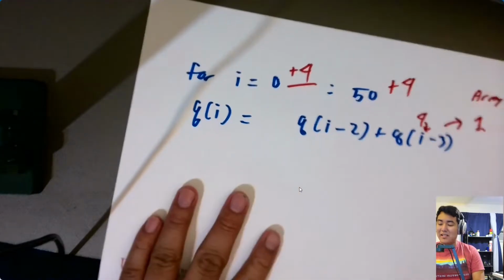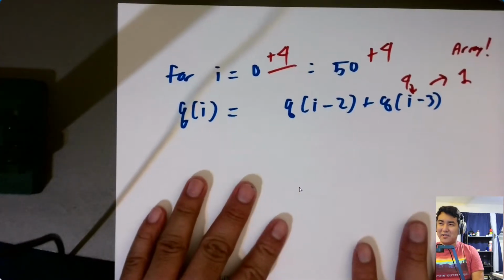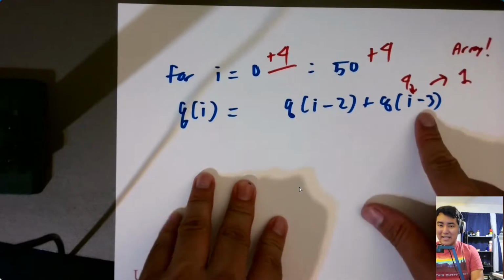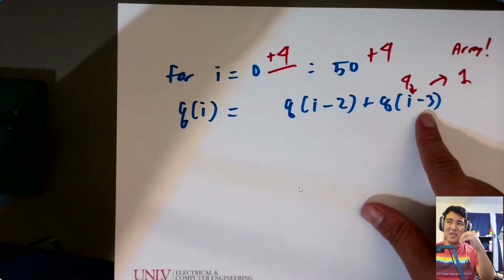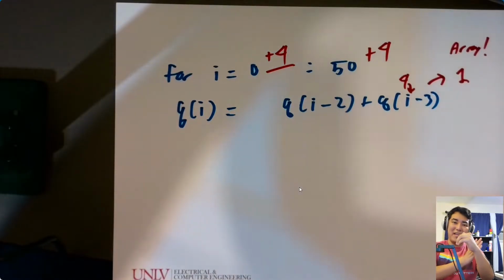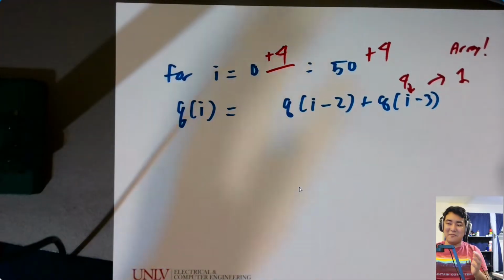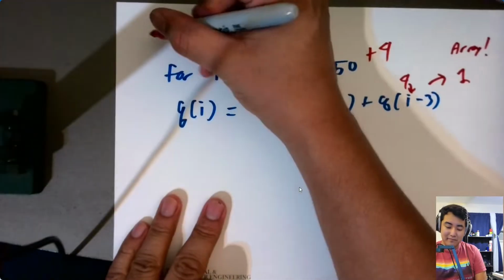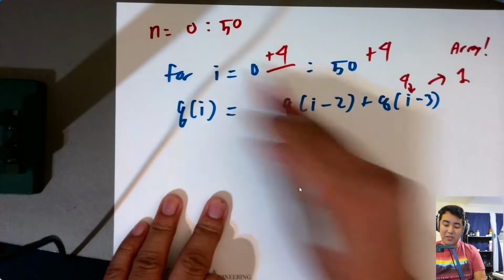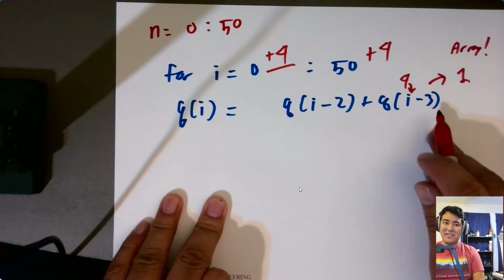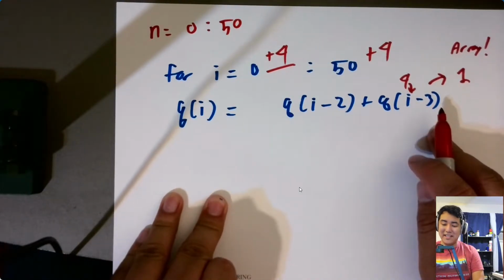Now the next thing I've got to tell you is we have delays, right? We have n equal to minus 0. What's before that? Nothing exists. We have from n equal to 0 to 50. We don't have an n equal to minus 1, minus 2, minus 3.